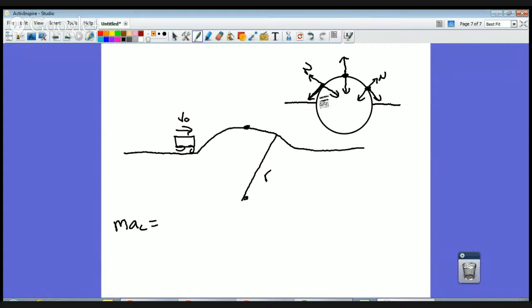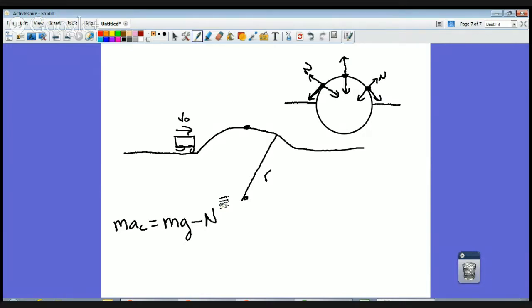And that's equal to the sum of the forces that are radial. The direction of the centripetal acceleration has to be down, because that's towards the center of the circle. So going down, you've got gravity. Going up, you have the normal force. So that has to be equal to m a_c.